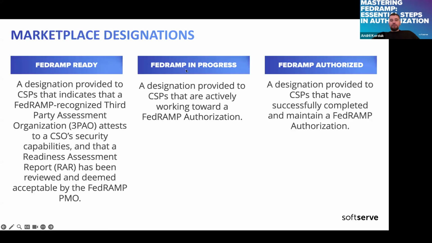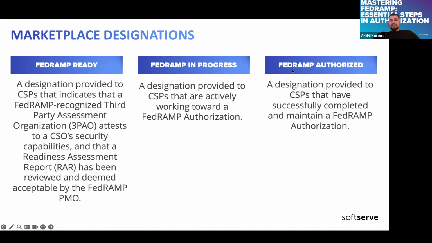Yeah, and the next step will be FedRAMP In Process. This means a designation provided to CSPs that are actively working toward FedRAMP authorization. And actually, the only status that allows cloud service providers to offer their software on marketplace is FedRAMP Authorized.